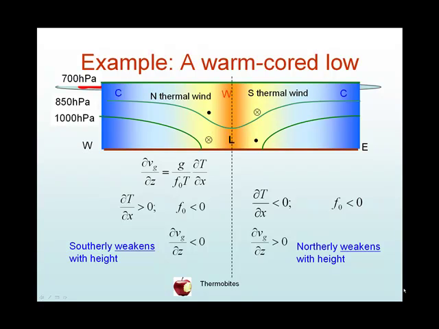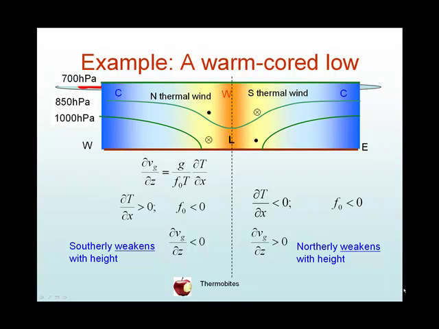So due to the thermal wind, we can see that we go from a clockwise rotation, or a cyclonic rotation, at the surface, to an anticyclonic or anti-clockwise rotation aloft. Now this coincides eventually with a high aloft, and we can think about that in terms of the thickness.